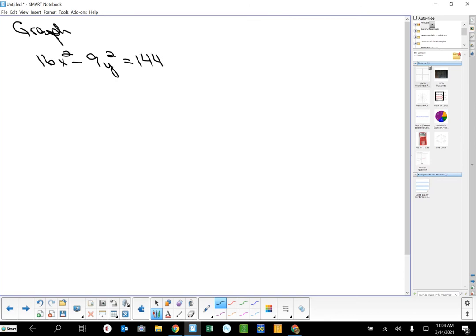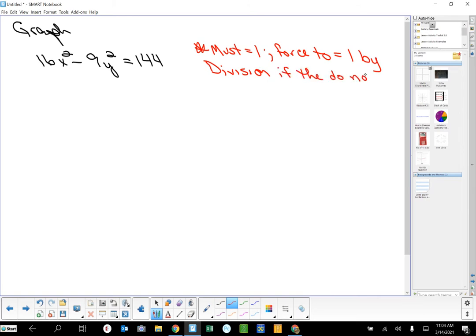Now, remember, these equations must equal 1. So if they don't, you have to force it to equal 1 by division. Okay, so we're going to divide by 144, divide by 144, divide by 144.